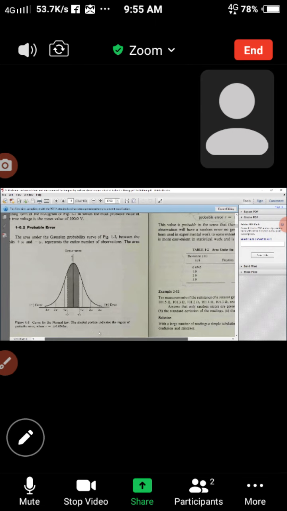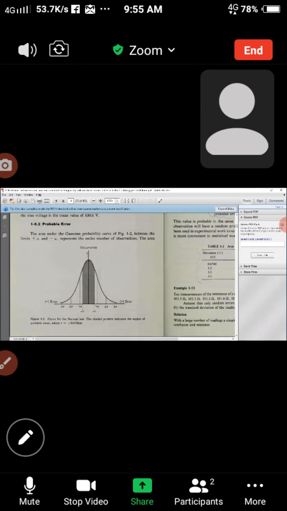That means 0.5 of the readings are available within this region. So this is the fraction of total area included. So 50% deviation occurs within this region. That is the meaning of probable error.